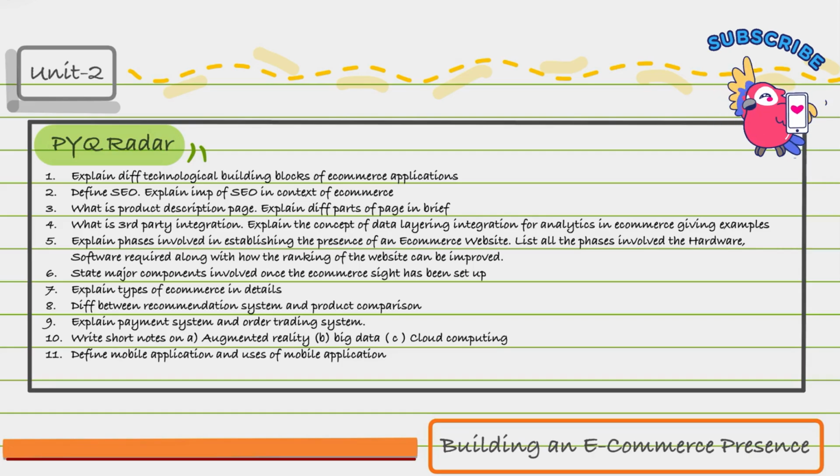I hope you are able to map out the various components of an e-commerce application, and you understand what SEO engineering is, and are able to comfortably understand the product description page, and you can now exactly tell how third-party integration works, and also speak fluently about various emerging technologies like AI chatbots, augmented reality, big data, and elastic cloud scalability. This is an incredible amount of practical and industry-standard knowledge.